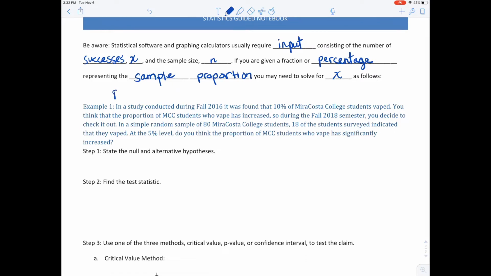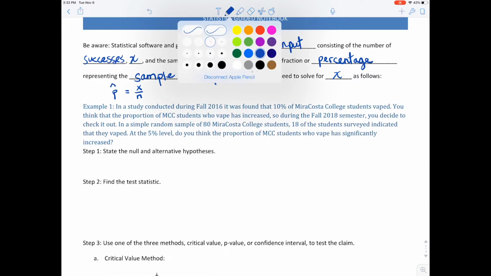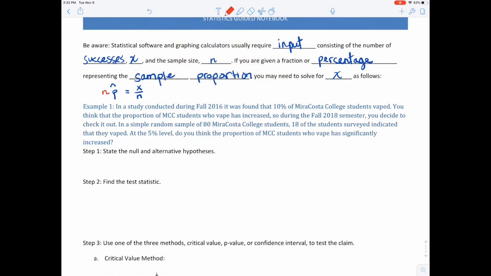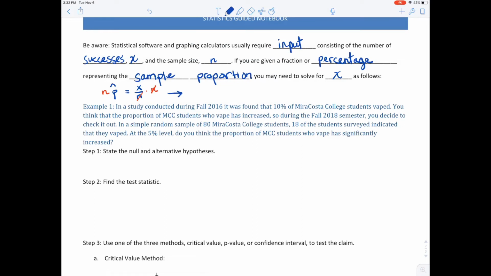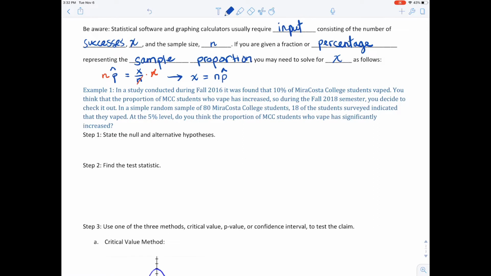We know that P hat equals x over n. If we multiply both sides by n, this n would divide out and we would get x equal to n times P hat. Groovy?